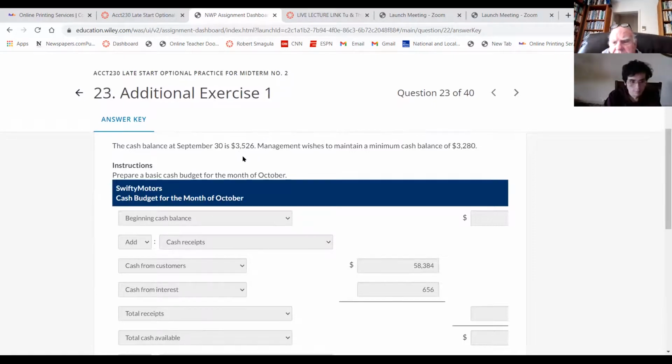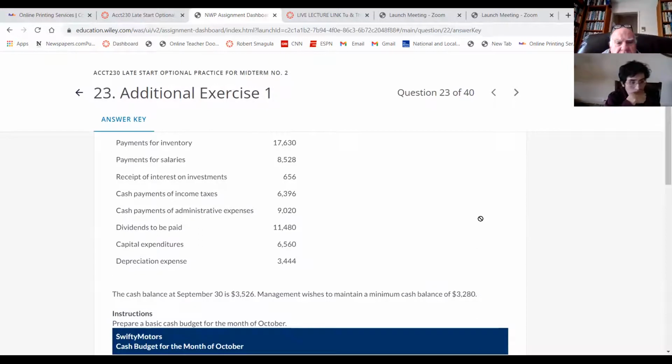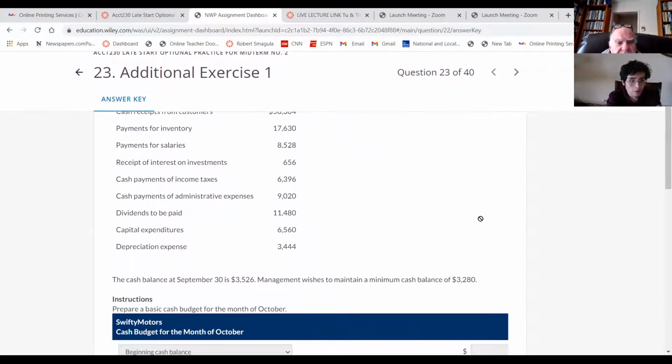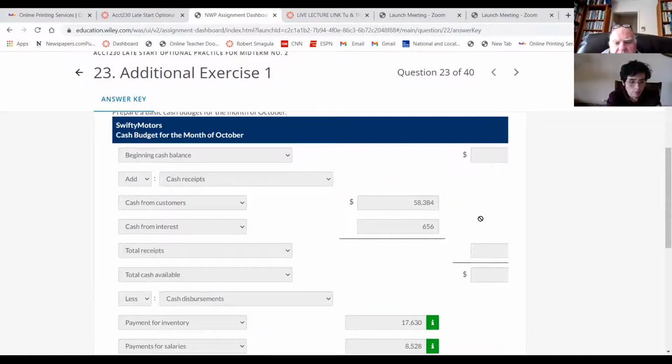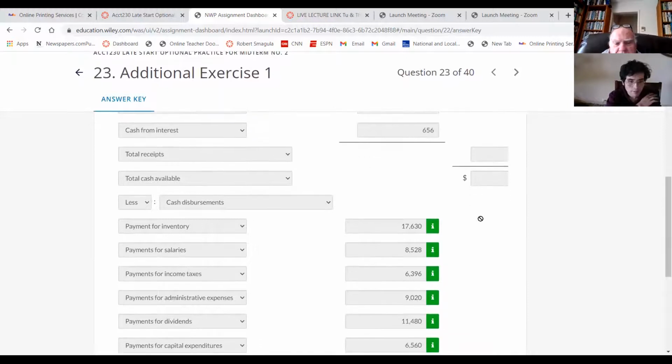You see that, Miguel? So you put it right there, 3,526. And then you pick up your cash from customers, other cash receipts, and just work your way down to the cash available minus the cash disbursements.